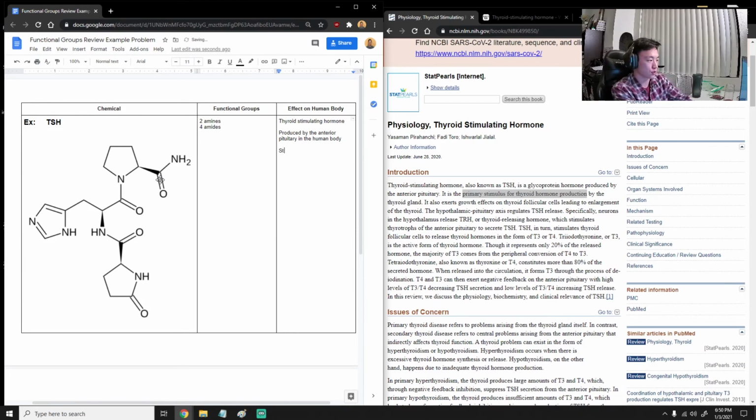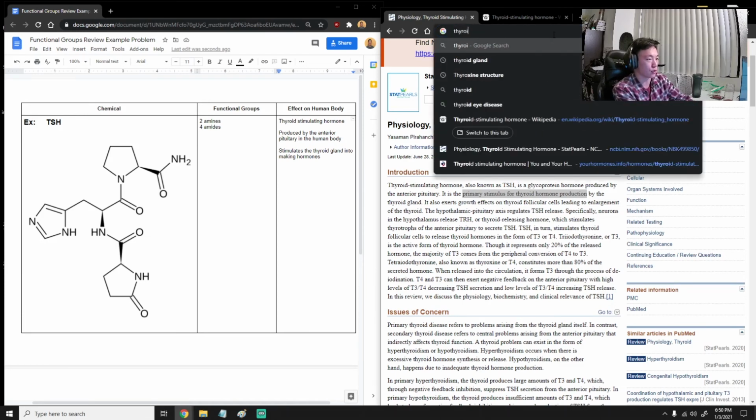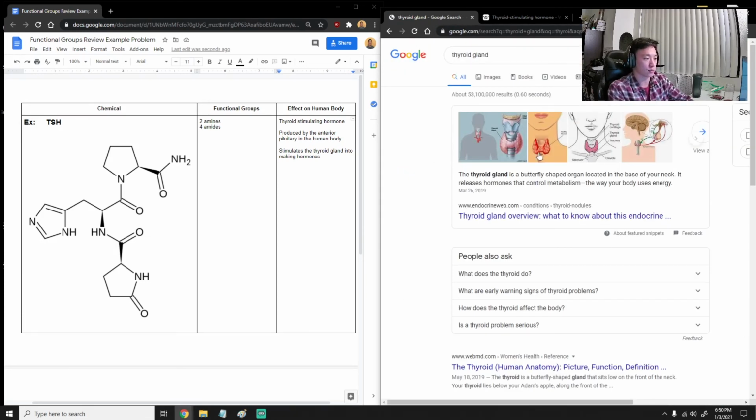Okay, so it stimulates the thyroid gland into making hormones. Okay, so let's just say I don't know what the thyroid gland is. So let's actually just look up what the thyroid gland does. So we're going to look up thyroid gland.